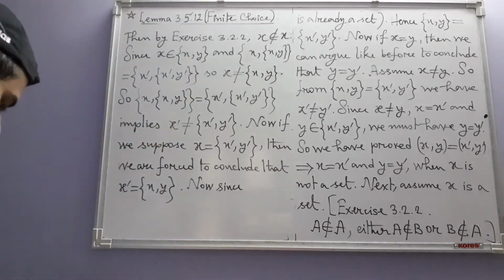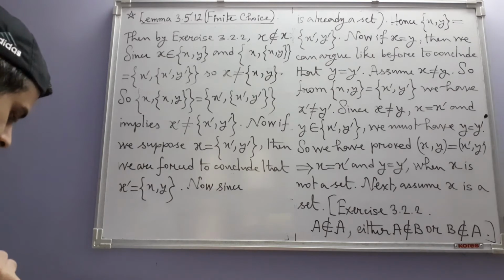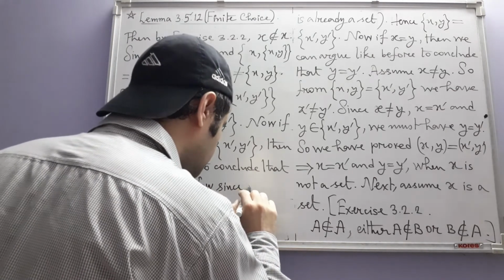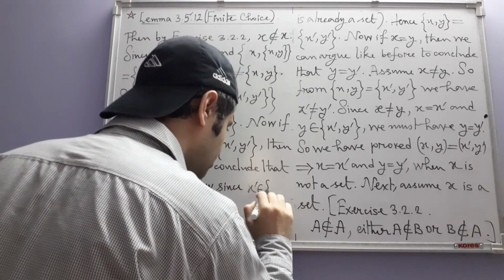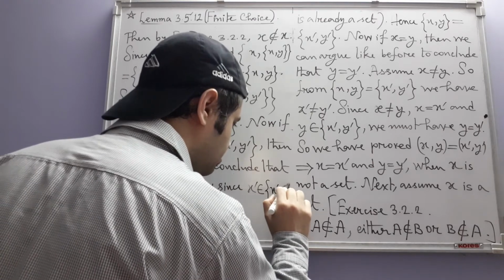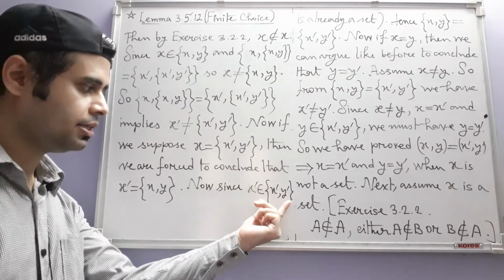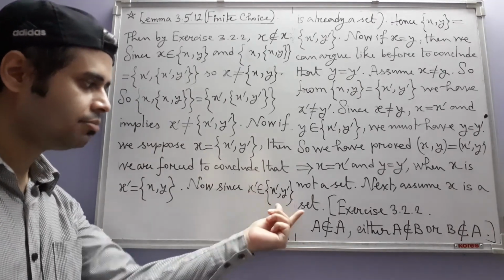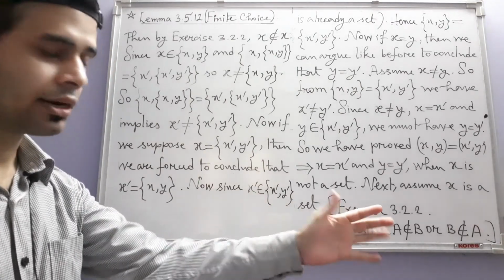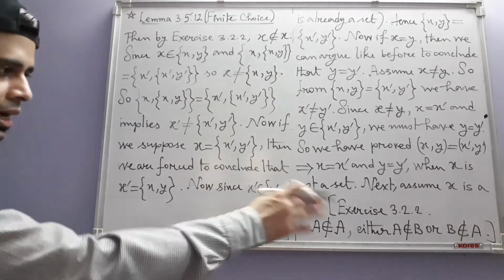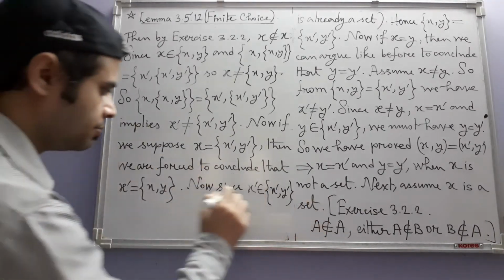I can't seem to remember the solution entirely, that's why I have written it down. Now since x' belongs to {x', y'}, think of this as A and this as B. A already belongs to B. So B cannot belong to A, because one of these two things must be true.